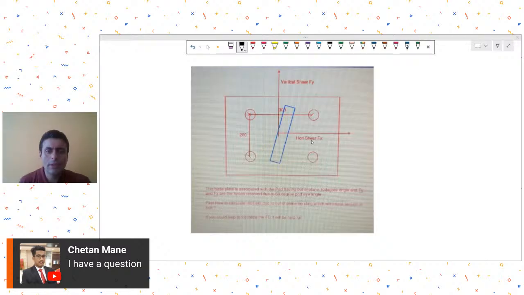This question is not very clear. Maybe you can put some detailed views, and then we can take it up if we have some clarity on the question. So we'll take this question in the next session when we have some more clarity.